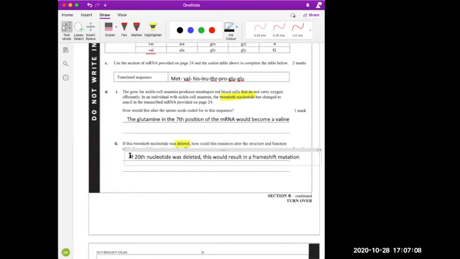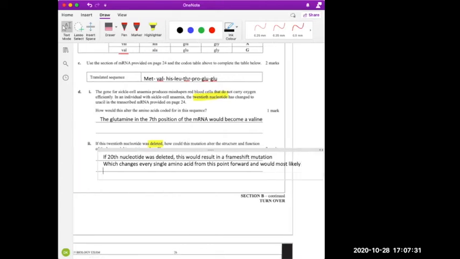So frame shift, the entire frame has to shift one forward, and that changes every single amino acid from there on, and would most likely result in a non-functional protein, right?